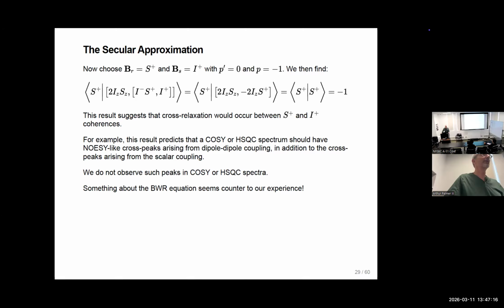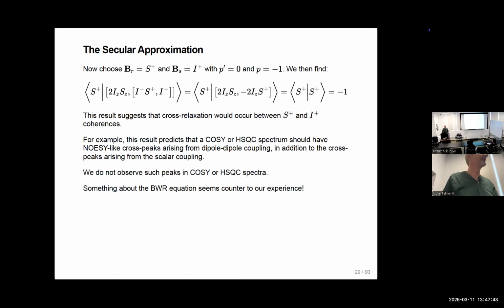If we went through our operator basis, if we have 2 spins, and the operator basis has 16 operators in it, I plus S plus, I minus S minus, and so forth, so there's potentially 16 by 16 auto and cross relaxation terms.